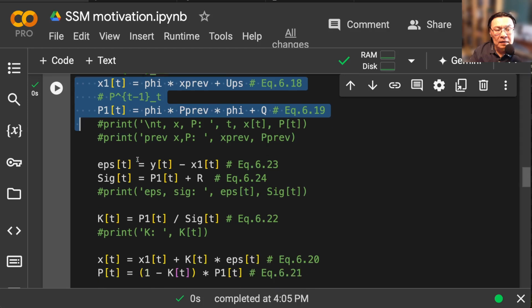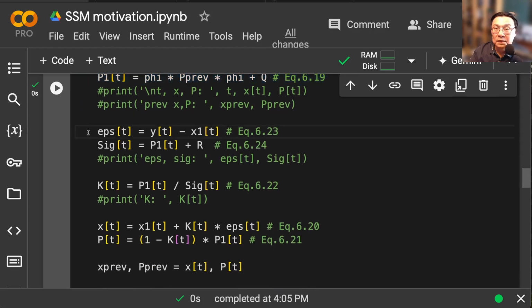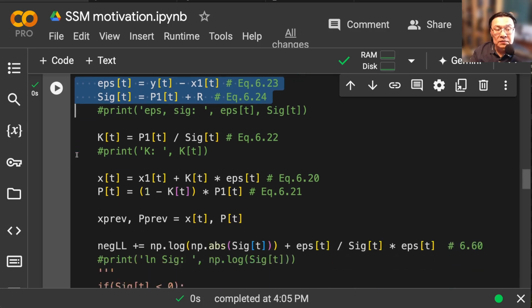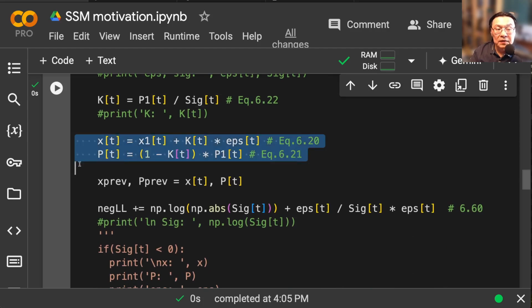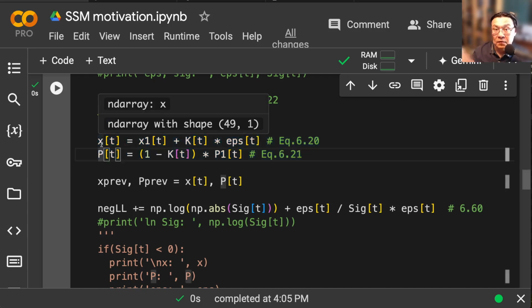And then we'll start with filtering. This is the error estimate and its variance. Measurement error, and its variance. This is the Kalman gain. And these two are the filtered state and its variance. I'm using these P and X as from the textbook. But this is the variance.